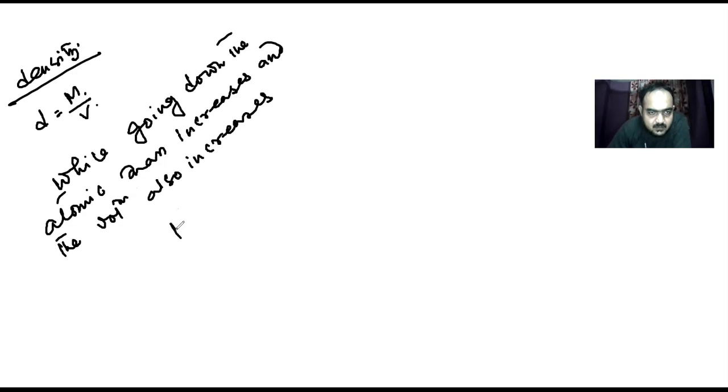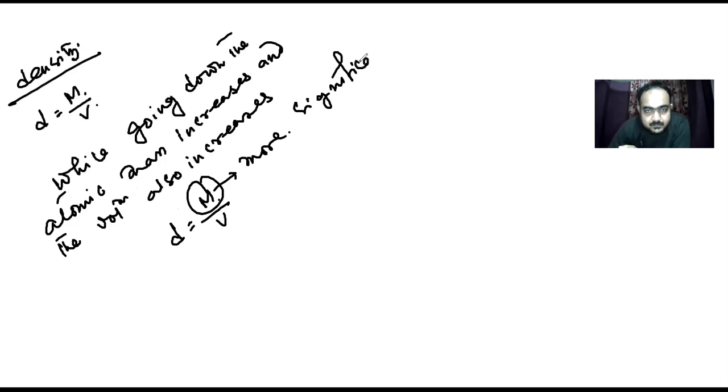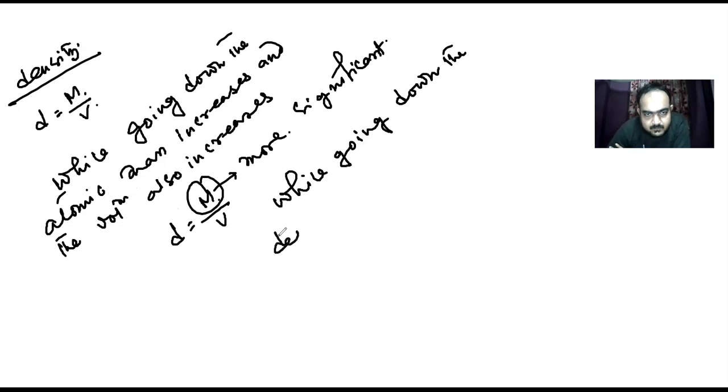But density is mass by volume, and the mass effect is more prominent. So while going down, the density increases.